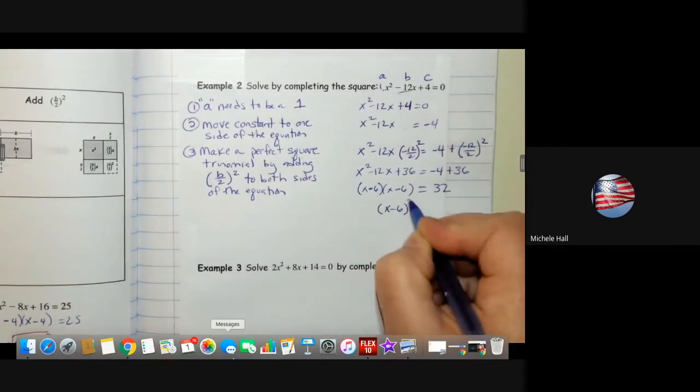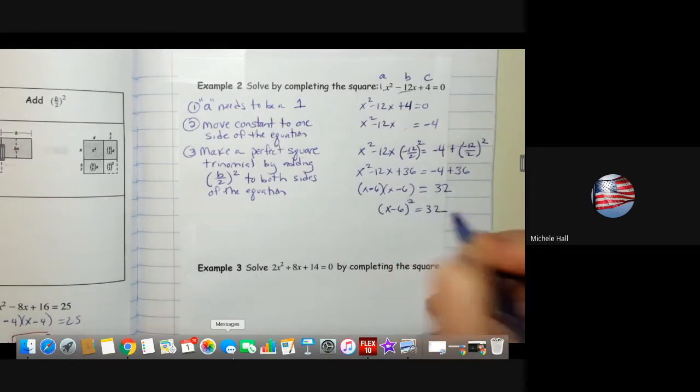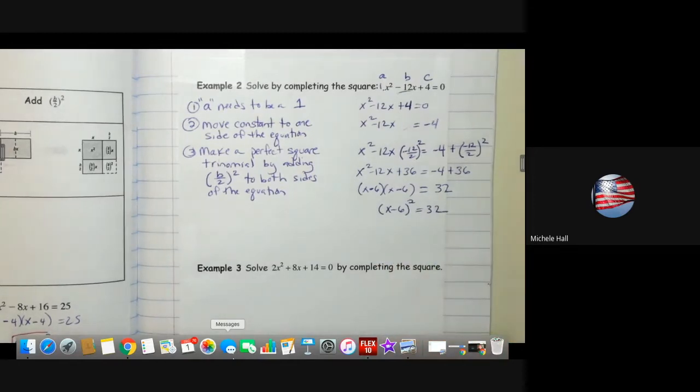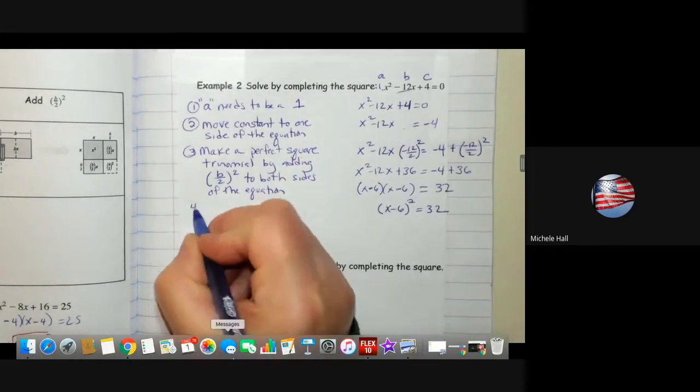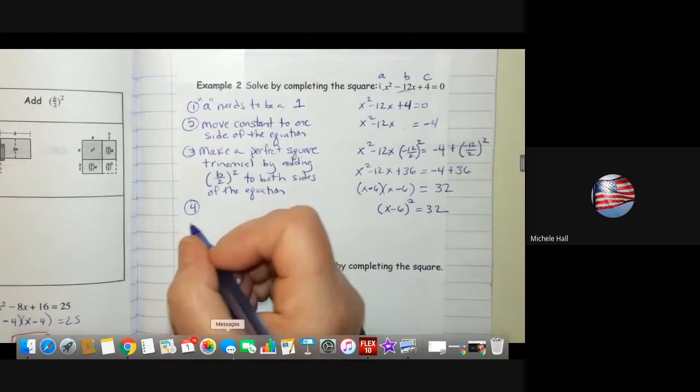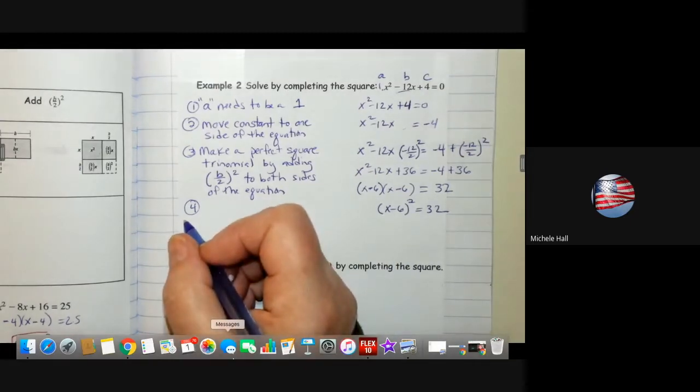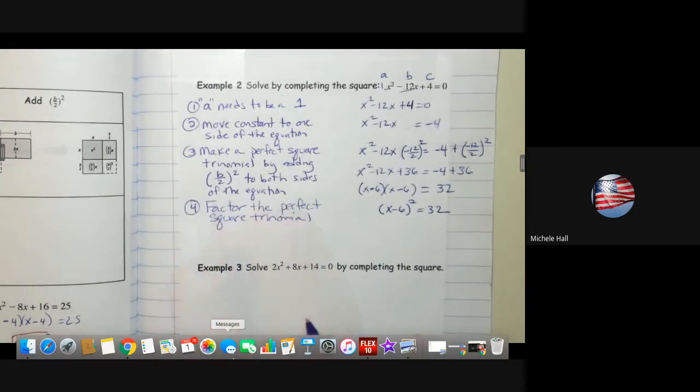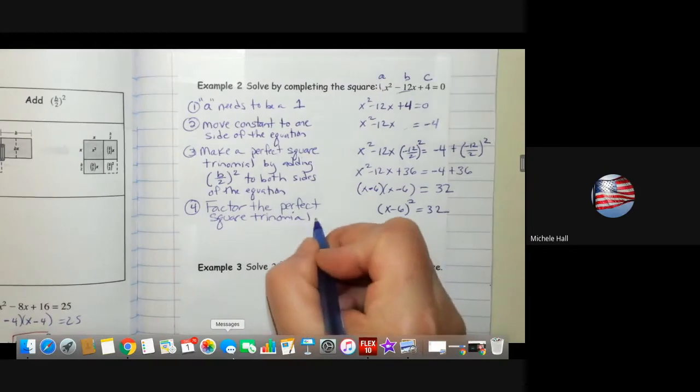We have 2 of them, and now we're back to example 1. After we made the perfect square trinomial, then we factor the quadratic. We also simplified.